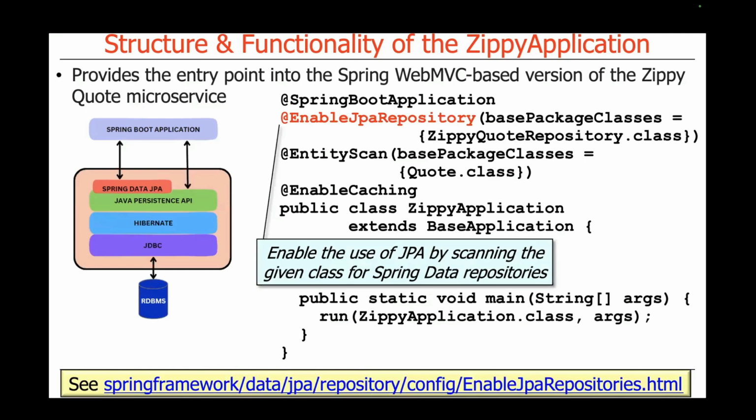The first thing you'll see here is a new annotation called Enable JPA Repository. And this annotation enables the use of the Jakarta Persistence API by scanning the given class, which we'll talk about in a second, for Spring data repositories.